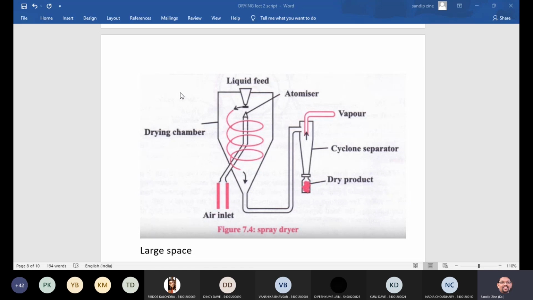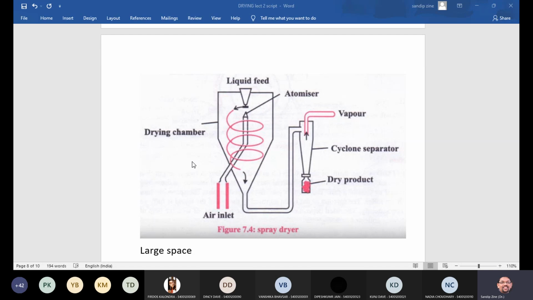So these are the points we can mention in the principle of spray dryer. Then in construction we can see it consists of a drying chamber with a conical base, isn't it? If you see the conical flask, this is a conical shape, this is the drying chamber.